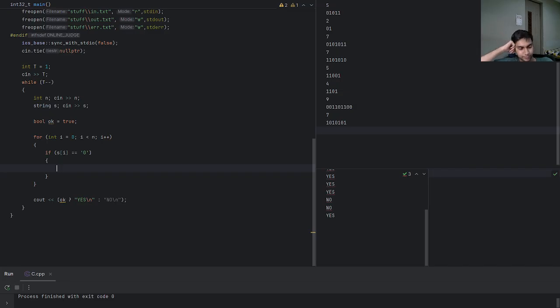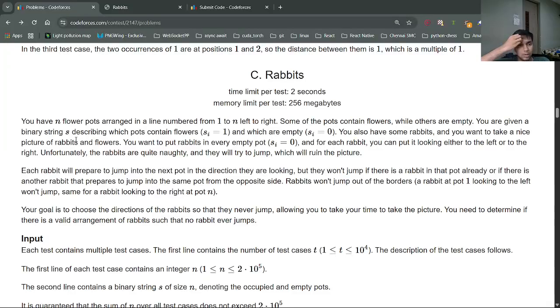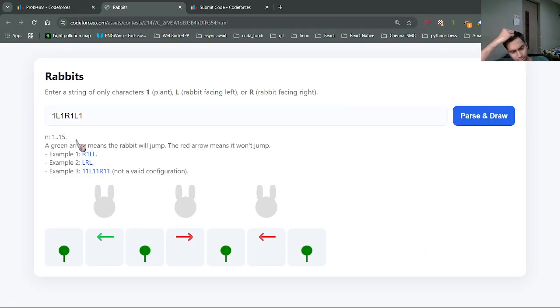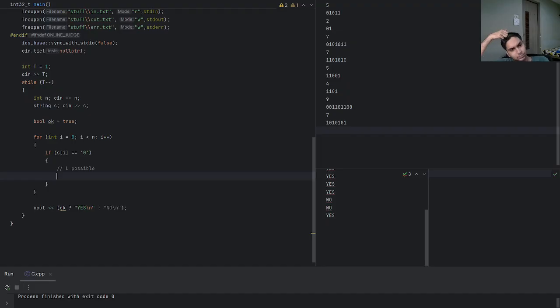So, how do we check if it can be L? Okay, so let's just write it here. Checking, let's say, L possible. We need to check whether L is possible or not.